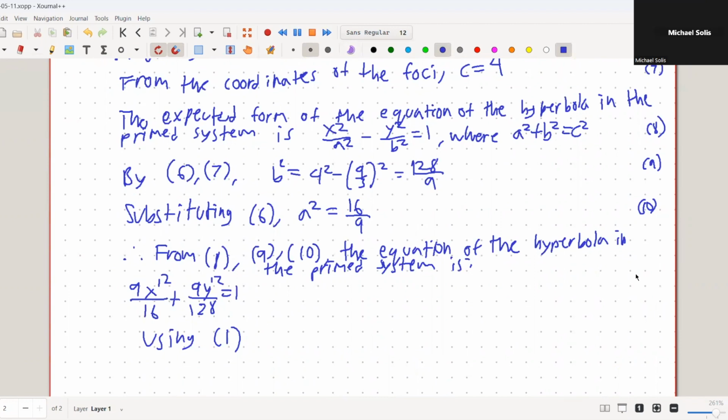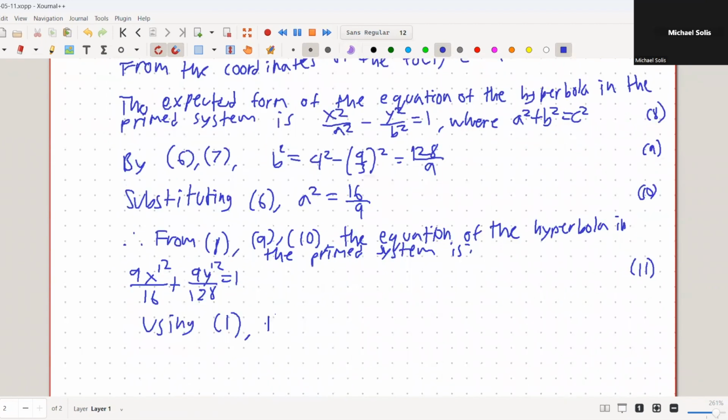So using one, wait, that's it. 11. Okay, now when it's like this, what you labeled 11 is actually the whole statement from 8 all the way to the equation. Because that whole thing is one sentence.